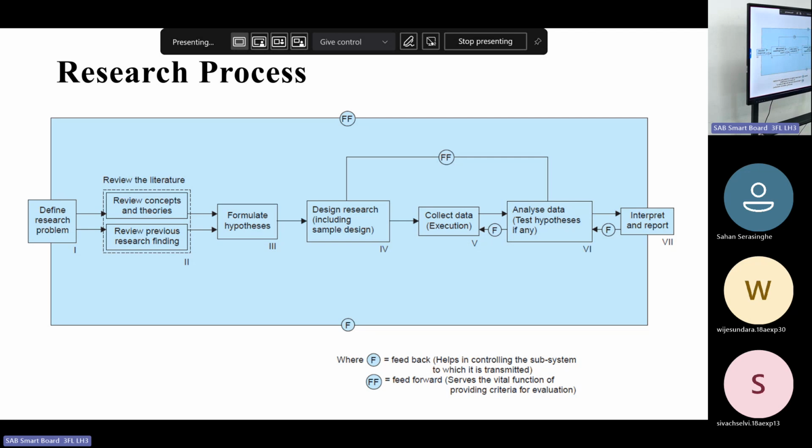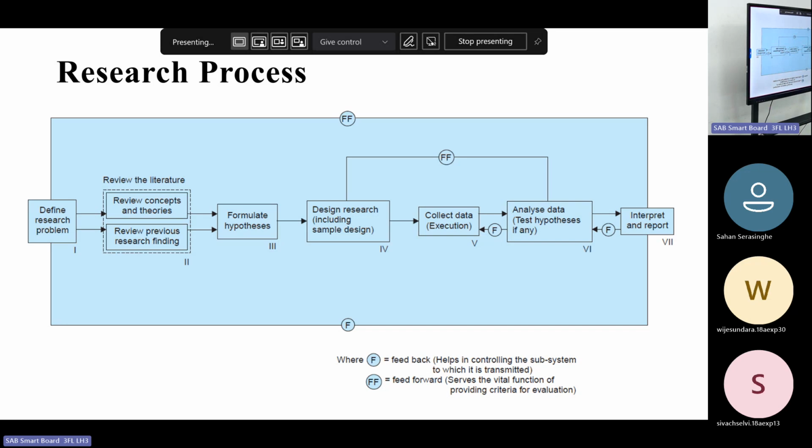How can you convert this one? The practical scenario you can't apply, you can't find the solution for entirely technical issues in the industry. So then you have to bring the academic perspective there.